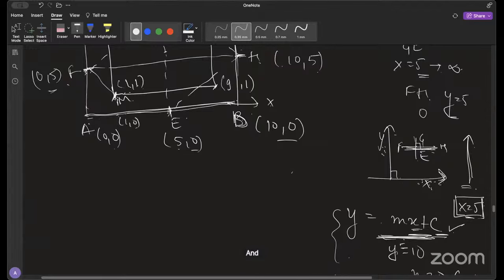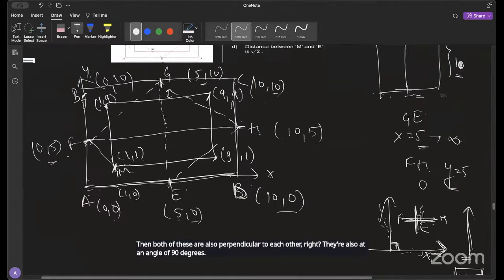And the y-axis and x-axis, when you study coordinate geometry, you must have studied this. And if you haven't, that's also all right. The y-axis and x-axis are at a 90-degree angle to each other. So if this line is parallel to the y-axis and this is parallel to the x-axis, then both of these are also perpendicular to each other, right? They're also at an angle of 90 degrees.